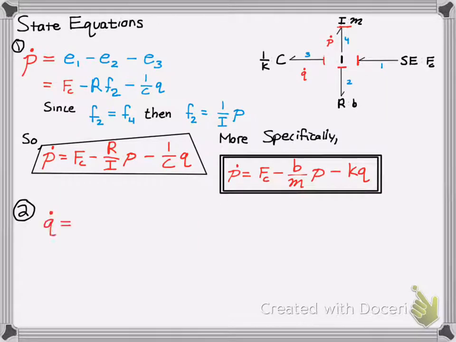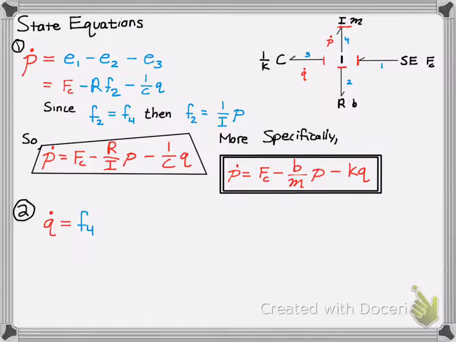So the second state equation is relating to displacement, or the time derivative of displacement. And that is related to flow, right? The derivative of the rate of change of a distance is velocity, so we're looking at flow, right?